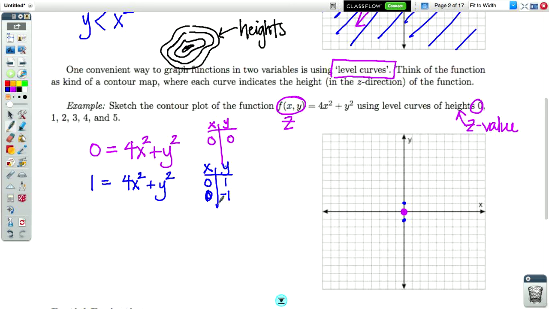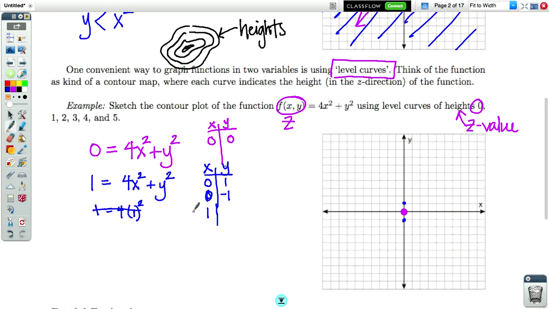Now, if I want to put in an x value of 1, that's going to make y really small, because I'm going to have 1 equals 4 times 1 squared. Actually, sorry, that doesn't even work. We can't have an x value of 1. So let's not do that. What else can I put in for x?